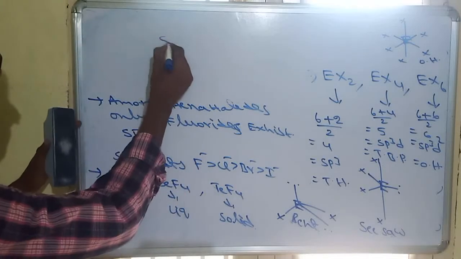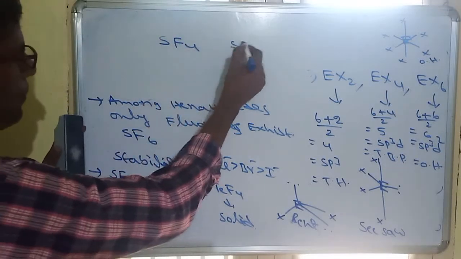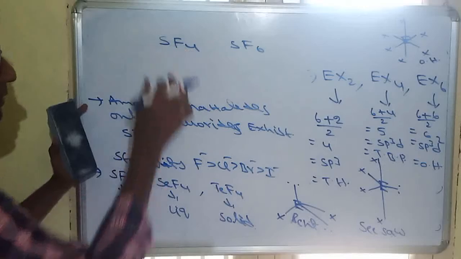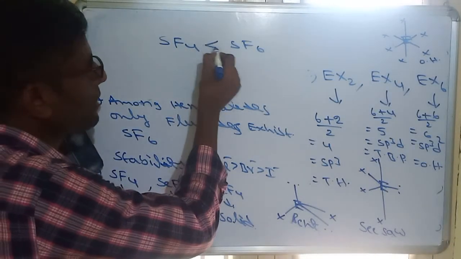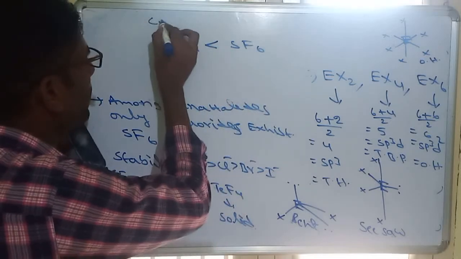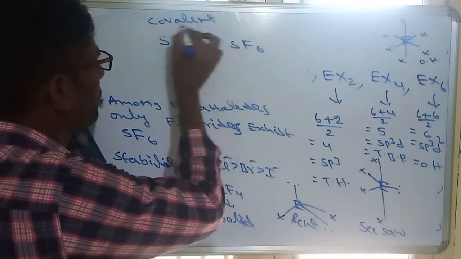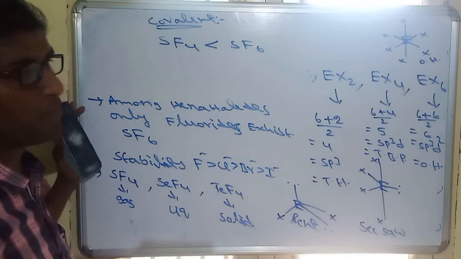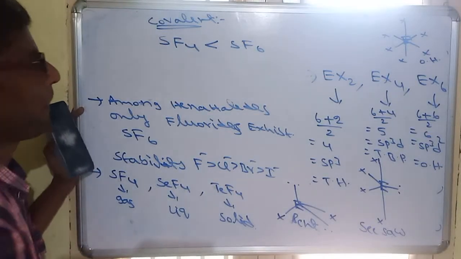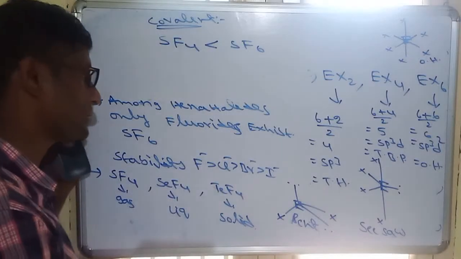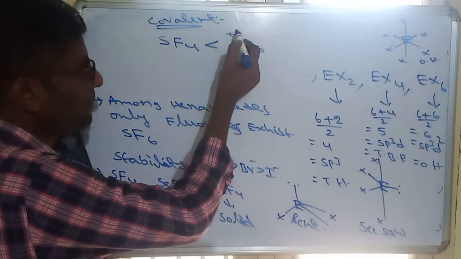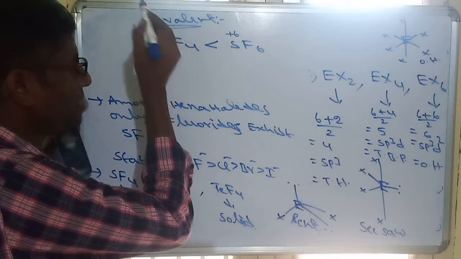And remember, SF4 and SF6, tetrahalide and hexahalide. SF6 is more covalent. Sometimes they will ask about covalent nature. Hexahalides are more covalent than the tetrahalides because their charge will be +6, while the other is +4.